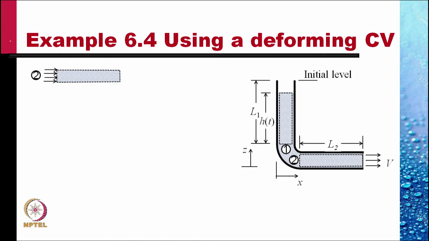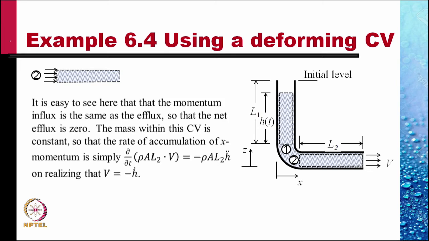Similarly, we work on the second control volume, the horizontal leg. Here, it is easy to see that the momentum influx is the same as the momentum efflux. Same volume, same rate the mass is coming in, same rate the mass is leaving. The velocity at inlet is the same as velocity at outlet.